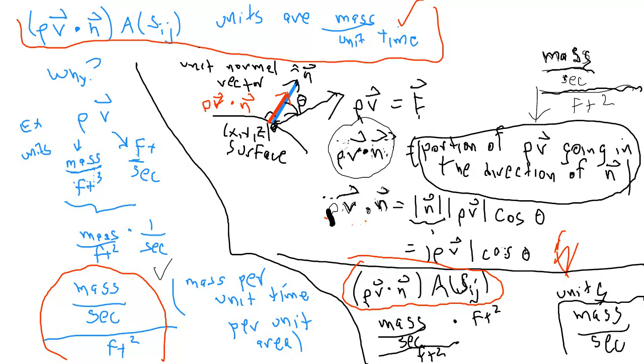Remember this density is allowed to be a function of x, y, and z. And the velocity field is also allowed to be a function of x, y, and z. So you don't have to have a constant density function, and you don't have to have a velocity field that had constant vectors. That wouldn't be any good, right?